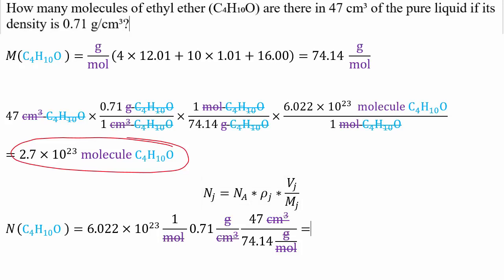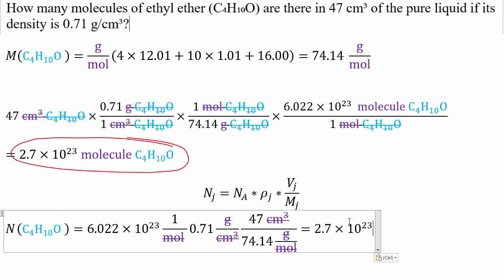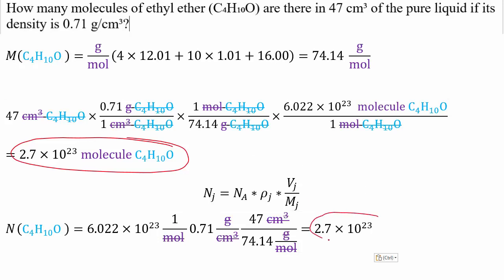This differentiates it from the form of conversion factors. By eliminating the ones, we find that the significant terms are the same as those generated by the conversion factor, so the value is the same, 2.7 times 10 to the power of 23.